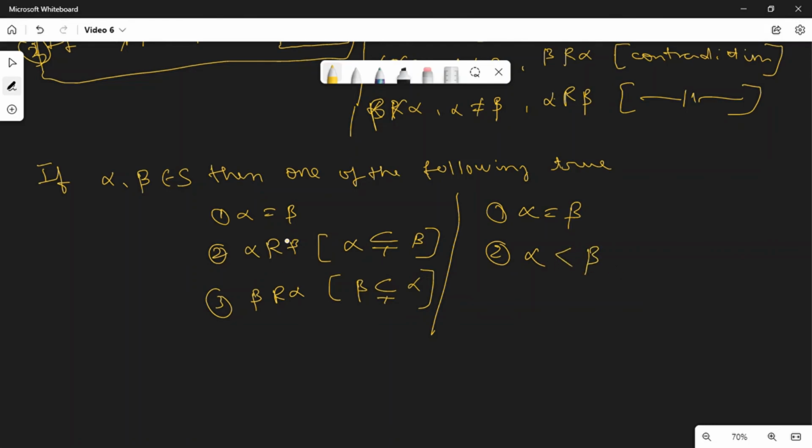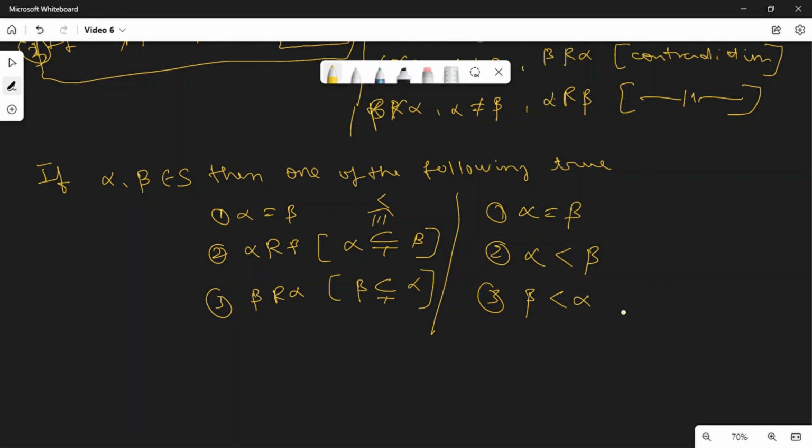If you use the relation R, there is no problem, but Rudin denotes it by this symbol. Why, I will tell. Beta less than alpha, any one of them happens.